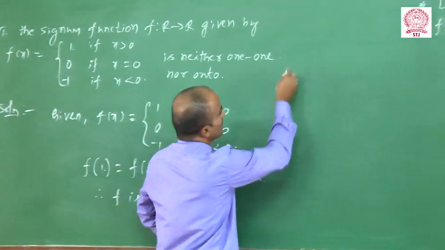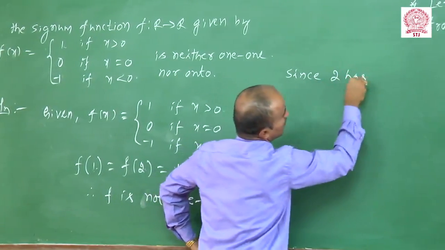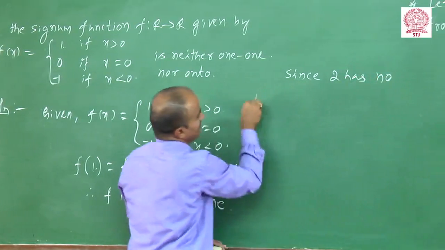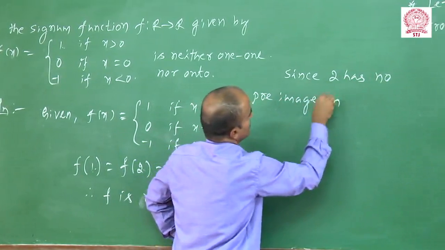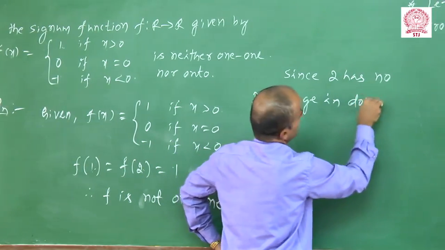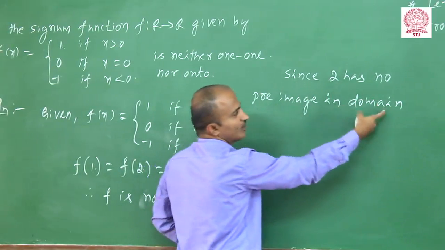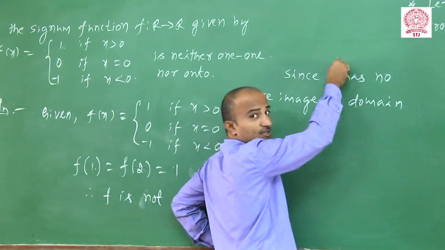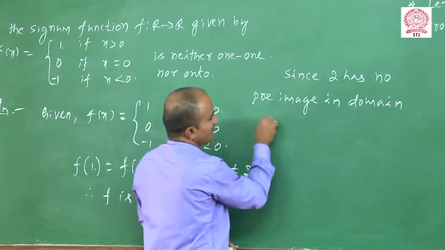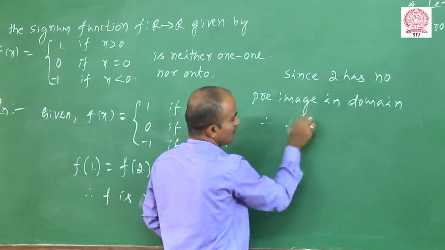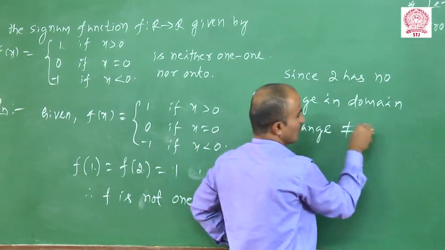You take 2. Since 2 has no pre-image in domain, where 2 belongs to what? Codomain. As 2 has no pre-image in domain, therefore range is not equal to codomain.